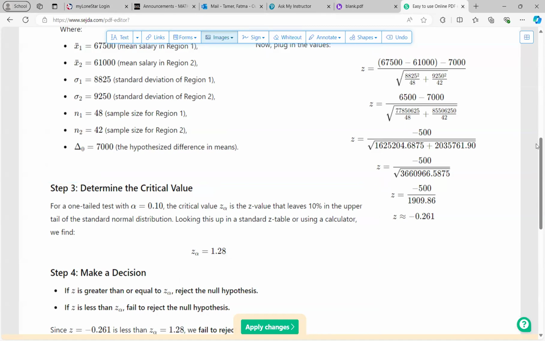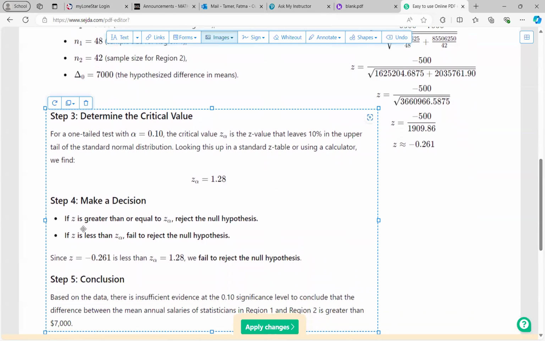Now, you're going to make a decision. If z is greater than your z alpha, you reject the null hypothesis. If z is less than your z alpha, you fail to reject the null hypothesis.